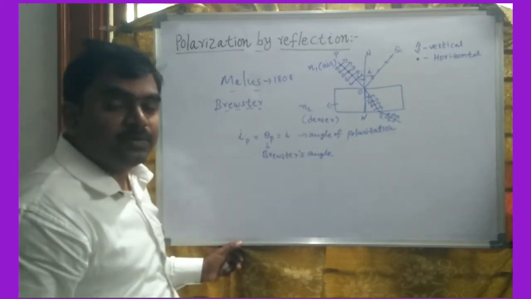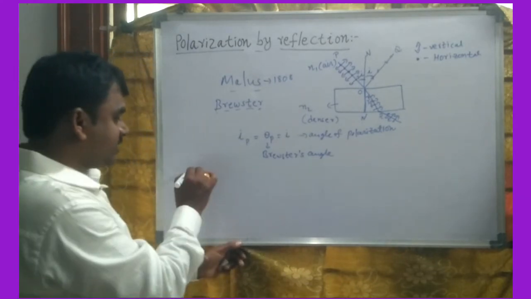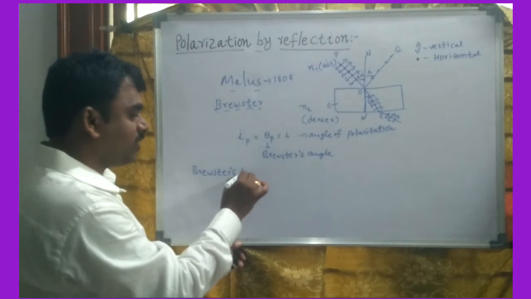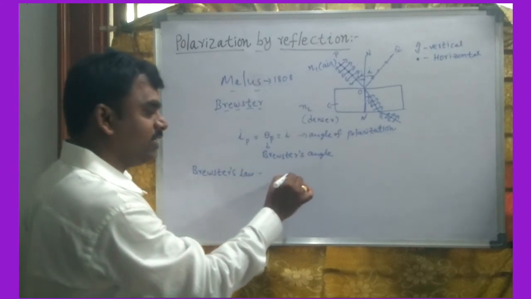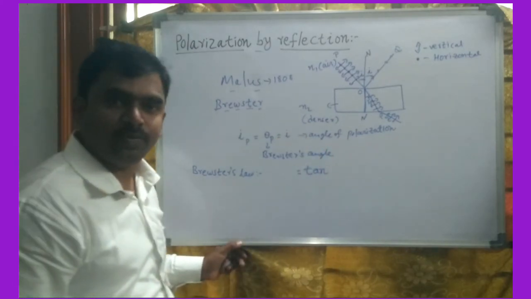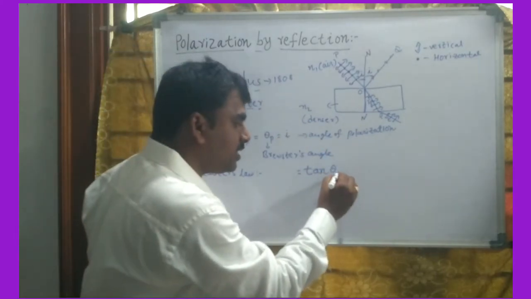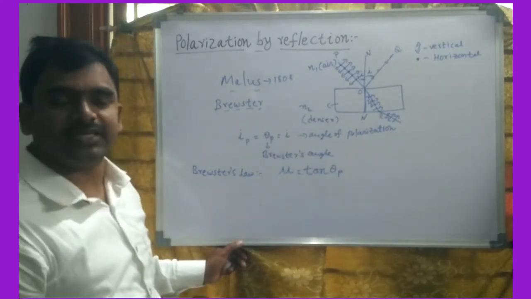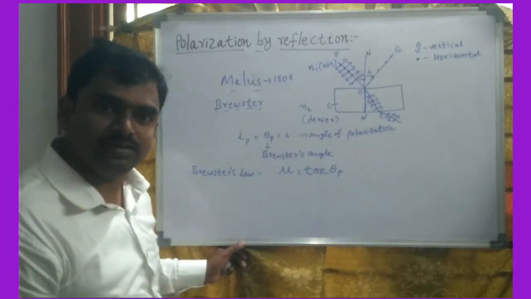Brewster suggested one law for us, which we call Brewster's law: the tangent of the angle of polarization equals the refractive index of the material.